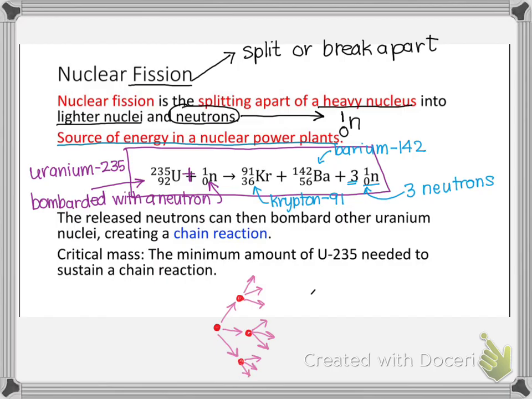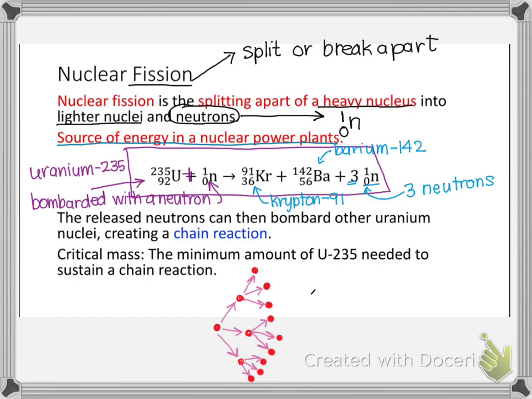So we go from reacting with 1 uranium to 3, and now it goes to 9, and it would just keep going.